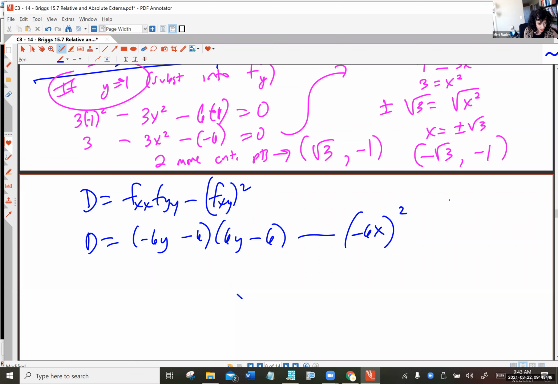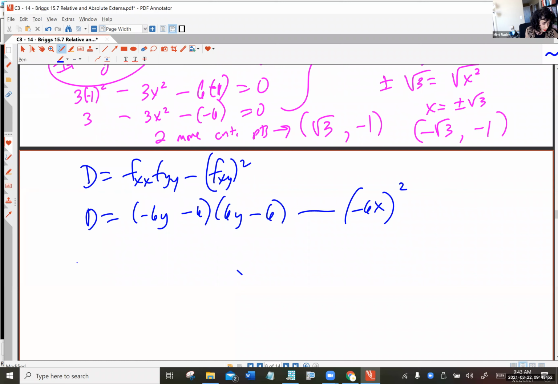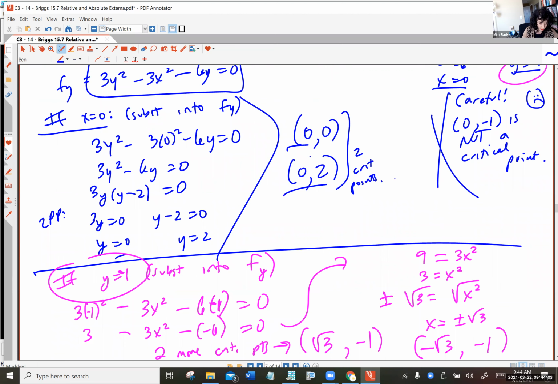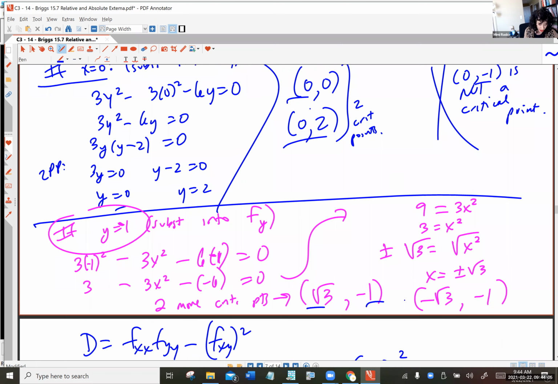I get that. Okay. So I'm going to let you guys do the rest. So you will have to do the D test 4 times, once for each of these critical points. You've got 4 of them here. You've got (0, 0), (0, 2), (square root of 3, -1), and (negative square root of 3, -1).